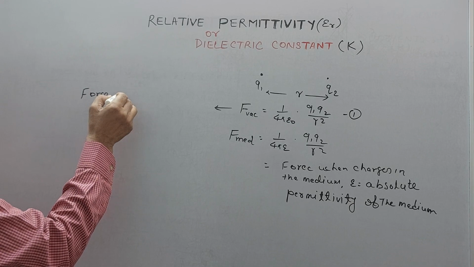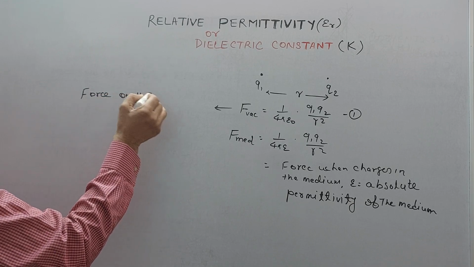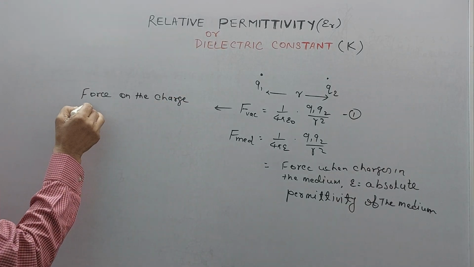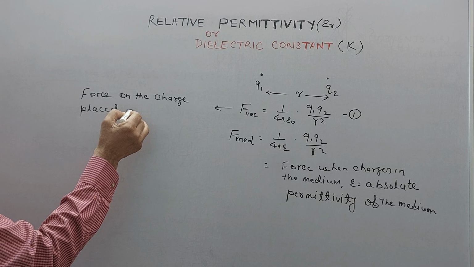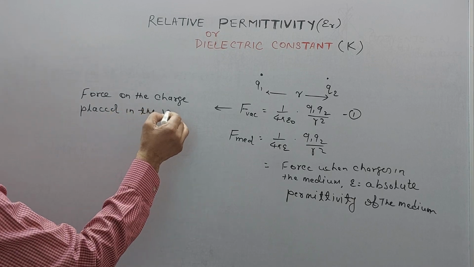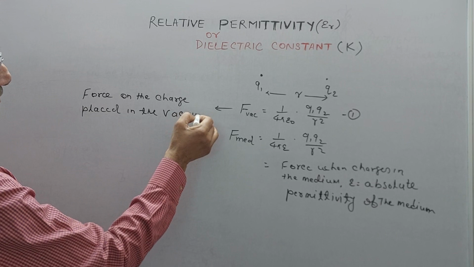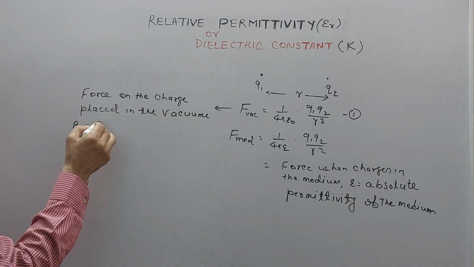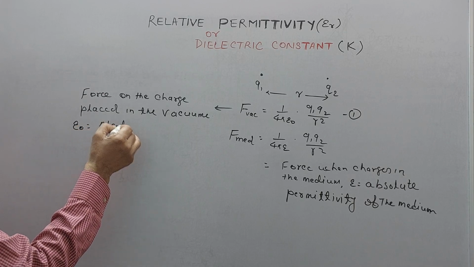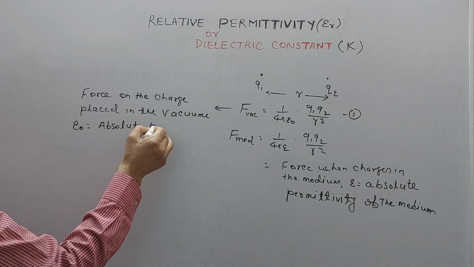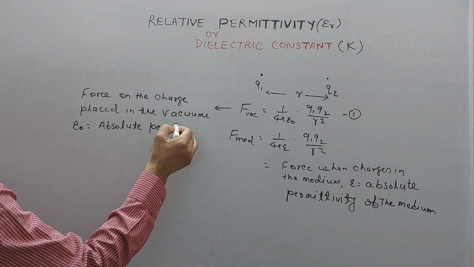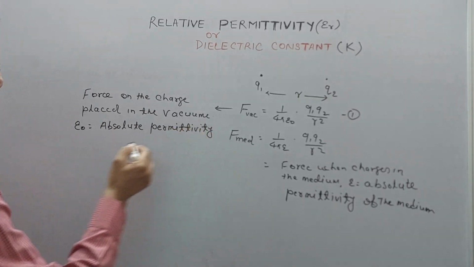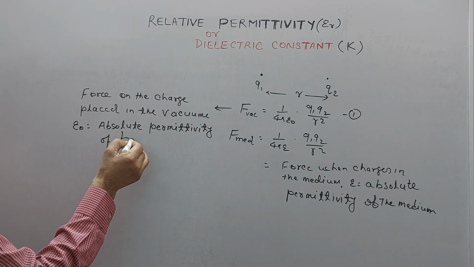The force on the charges placed in vacuum, where epsilon naught is the absolute permittivity of free space.